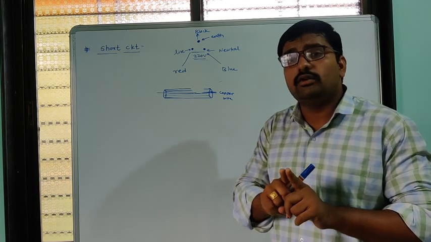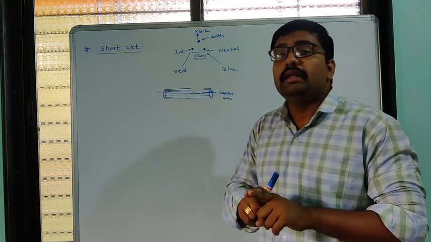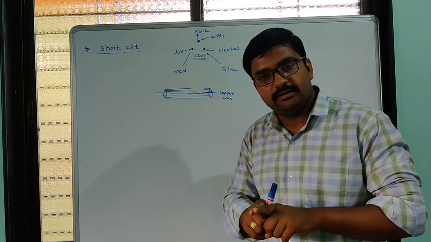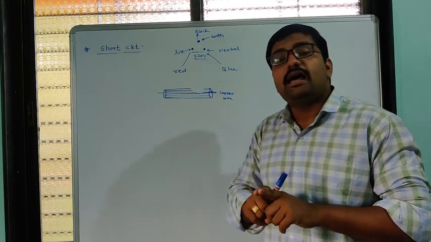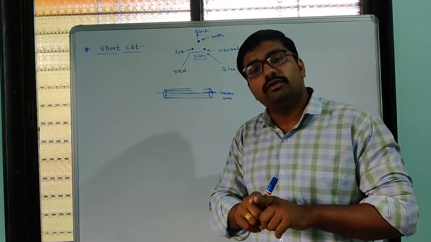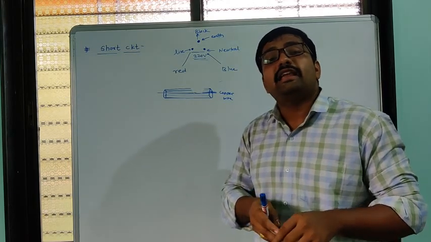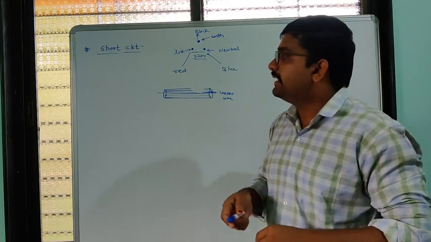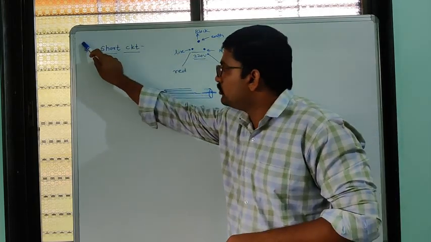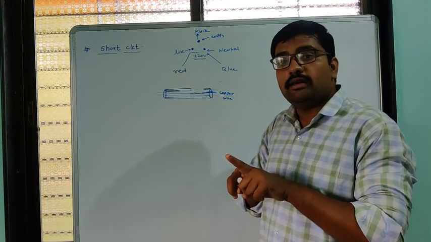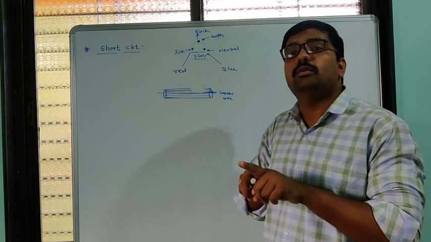Due to this touching, a large current passes through the electric circuit, and due to that, large heat is produced, and it may catch fire. That is simply called a short circuit: the touching of live and neutral wire.